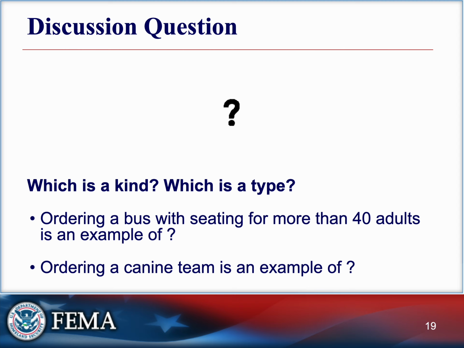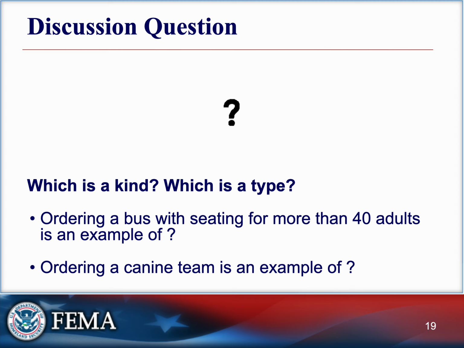So now for a quick discussion question. Which is a kind and which is a type? Ordering a bus with seating for more than 40 adults is an example of what? And ordering a canine team is an example of what?